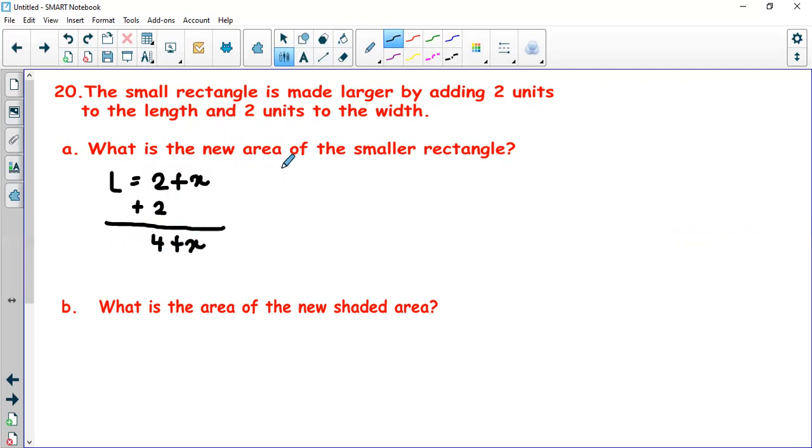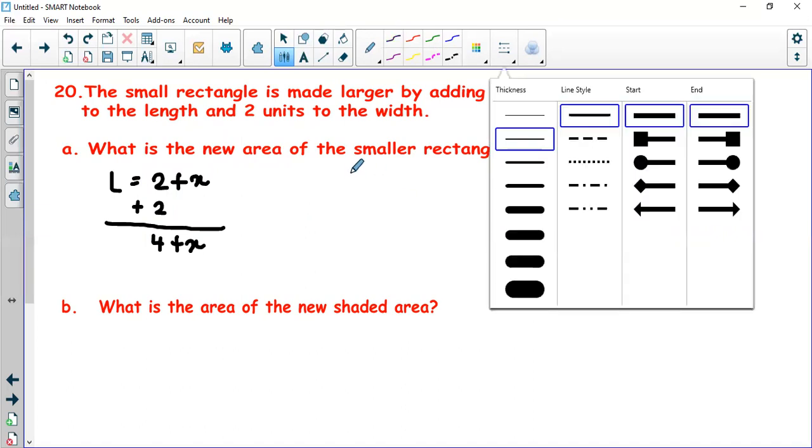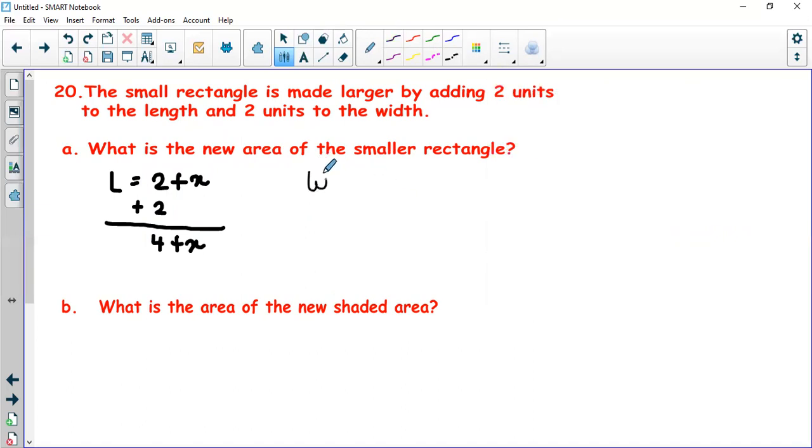Now for the width, the width was 2 minus x. They have added again 2 units, that's what the question says. So it is 4 minus x. So the new length is 4 plus x and the new width is 4 minus x.